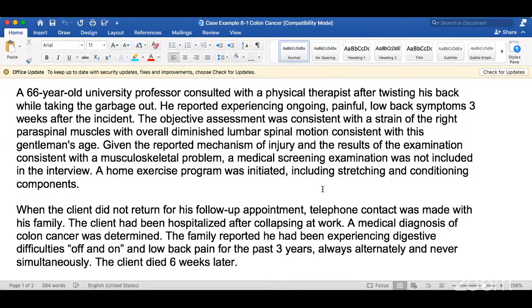So, that ongoing painful low back pain during the initial assessment that was done is something that should have piqued the therapist's attention.